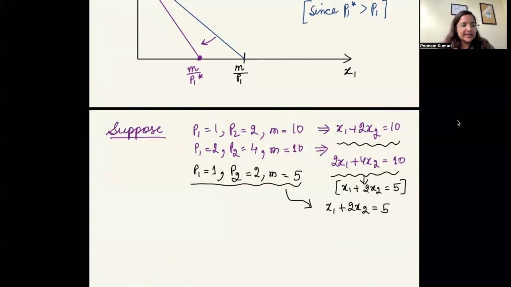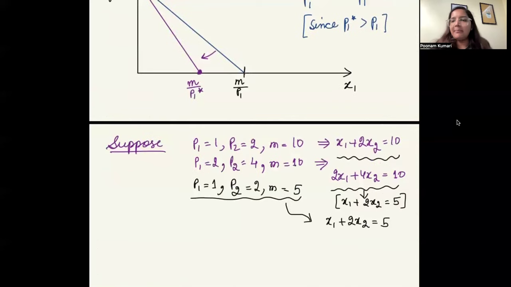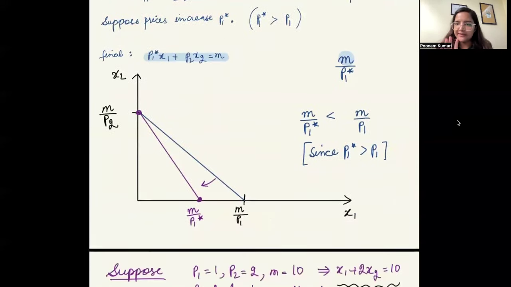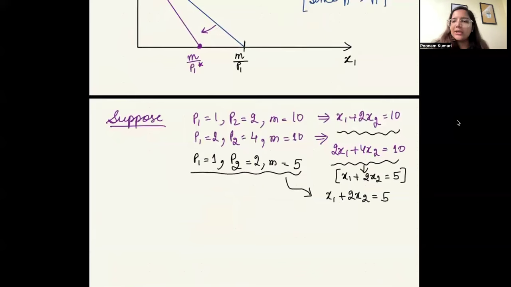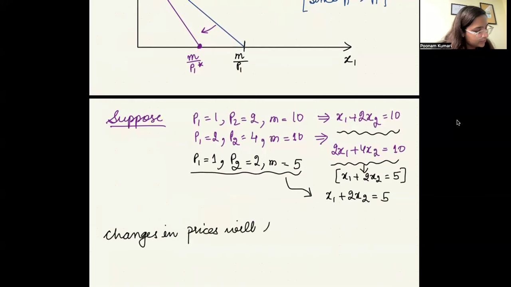All right. So guys, this is clear, right? We understood the impact of price changes. If somebody asks you to draw these things, will you be able to? Yes, ma'am. If we try to draw a general conclusion regarding what happens when there are changes in price, we can say that changes in prices will lead to changes in the slope of the budget line.